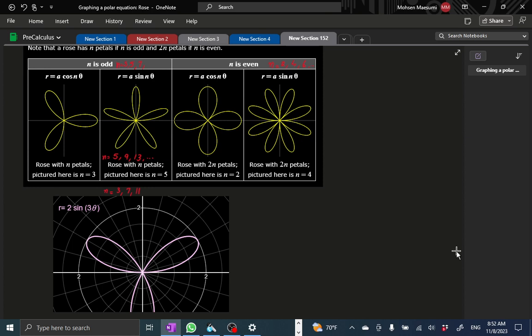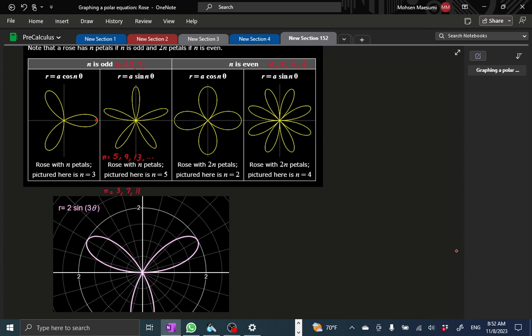A bit more detail: exactly where are these tips? You see in this case, the tip is right on the x-axis, or the so-called polar axis, at the location A. It so happens, for example, for all the odd cases, A being positive, by the way, we always start from here. So this is always our starting location, and then we go around.